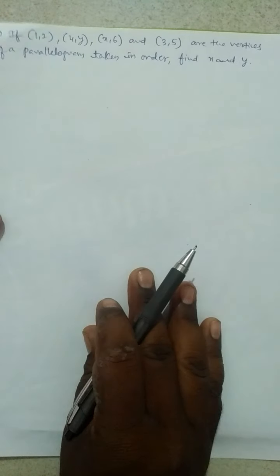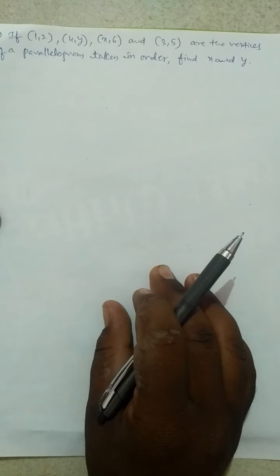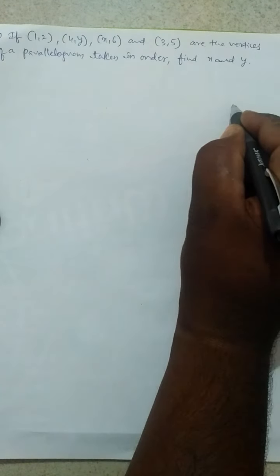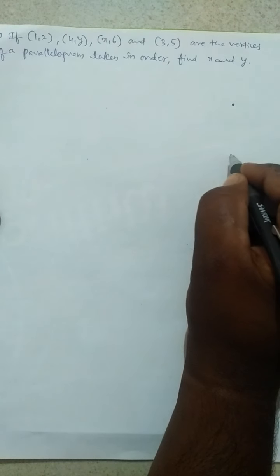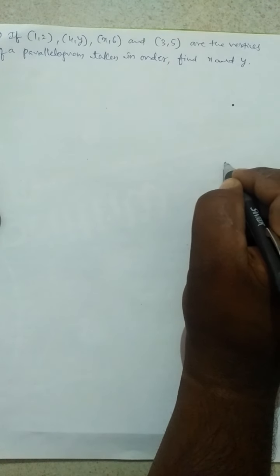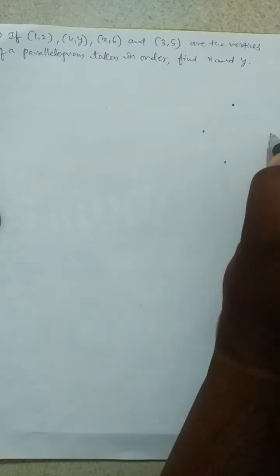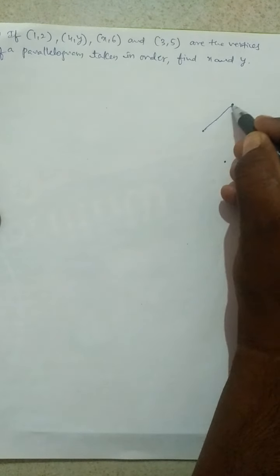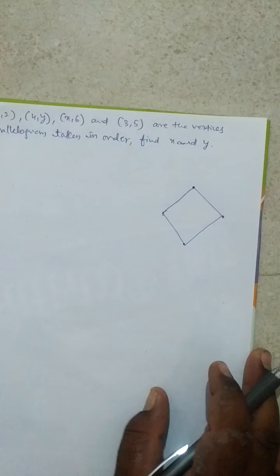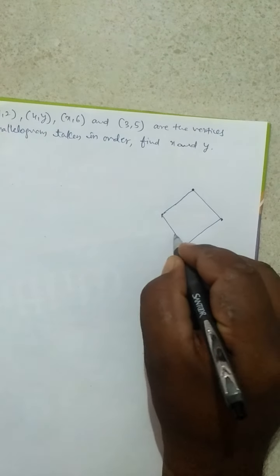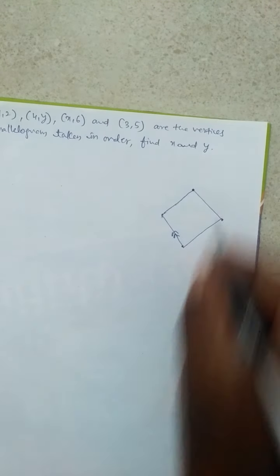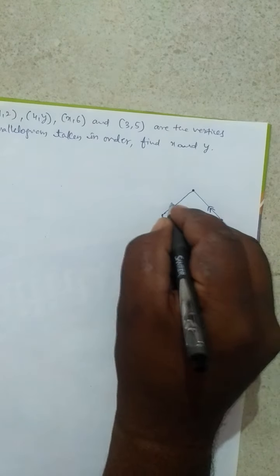So how we have to solve? First we have to consider 4 coordinates. So I am going to draw a parallelogram. Parallelogram means a quadrilateral made up of 2 pairs of parallel sides.